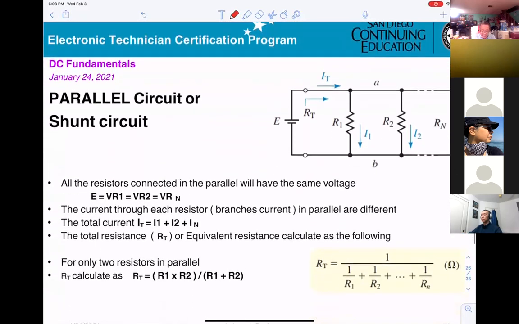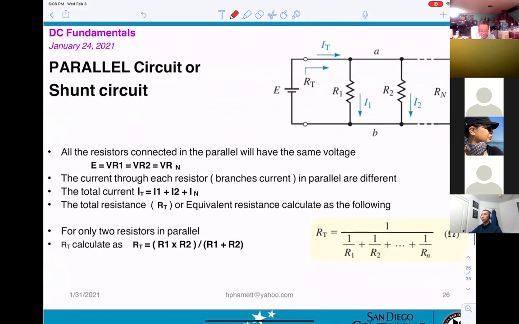Now you can see this is the parallel circuit. On this one, you get the power here, and R1, R2, Rn. Resistors connected in parallel: first thing, voltage across each resistor will be the same. You can see it's easy, right?